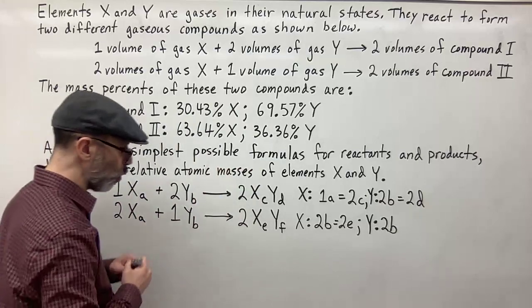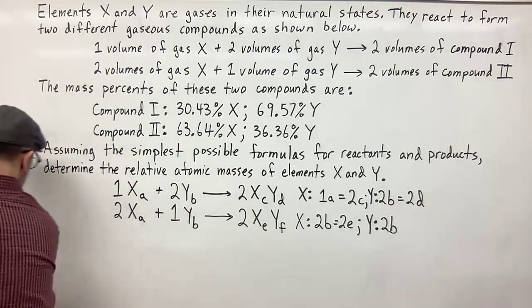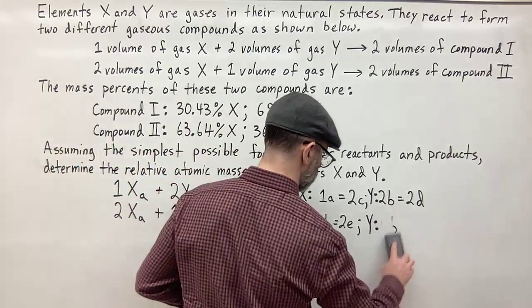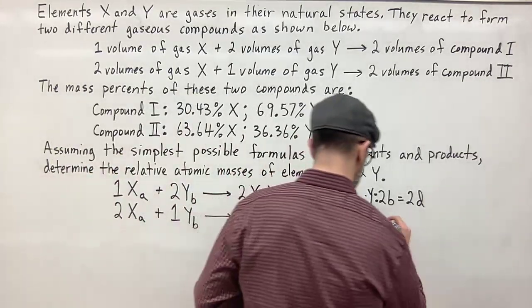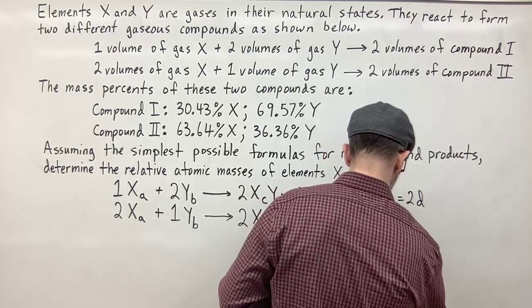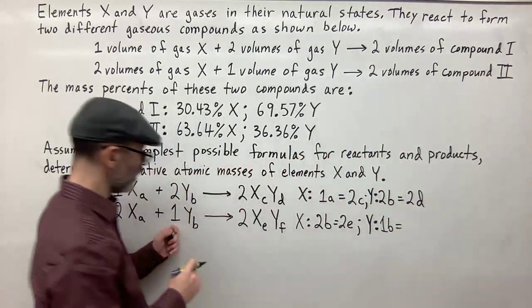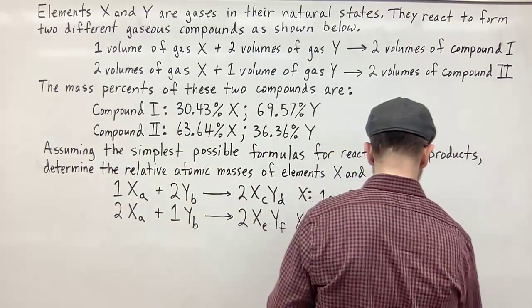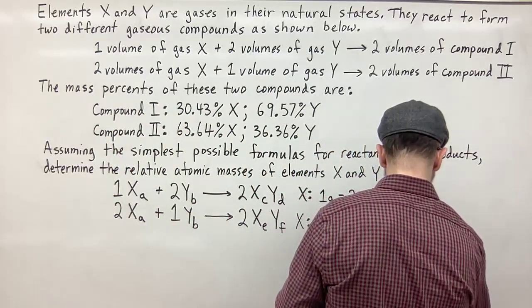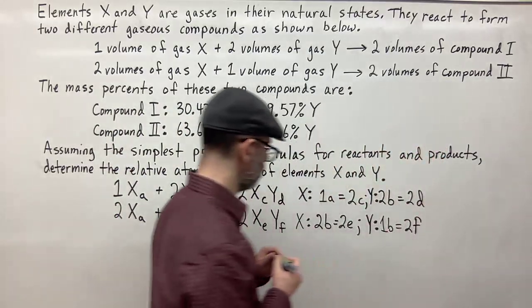1B. Where's my eraser? So 1 times B. So 1B on this side. That's going to be equal to 2 times F on this side. So 2F on this side.